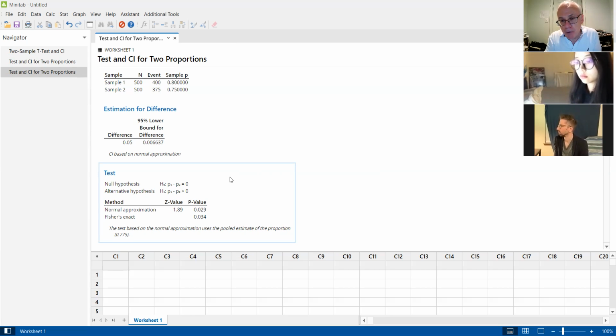Then we have the case of the proportions. And that's for independent samples. Then we have the dependent sample case. We simply subtract each value from the two time periods, and then do a t-test on the difference.